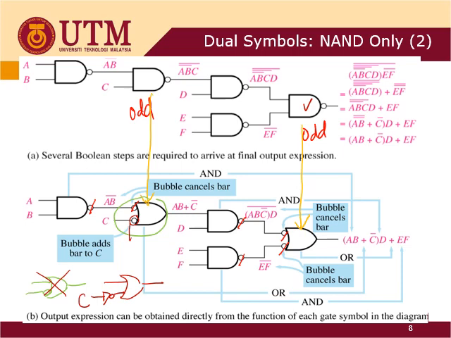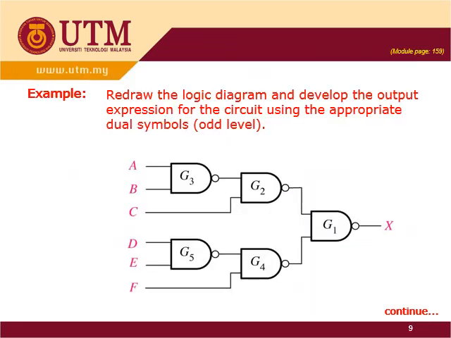My last gate is odd, so in this case I'm going to choose odd. I change all of them. In this case I have only 2 odd levels. If I have 3 odd levels, 4 odd levels, change all the gates in the odd levels to their dual symbol. Then cancel out the bubbles. And then if you have one single bubble, change it to a proper NOT gate, redraw it. You have your final answer here.